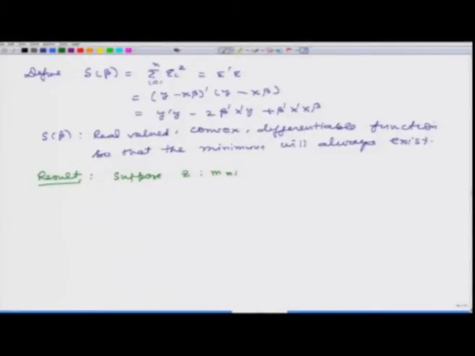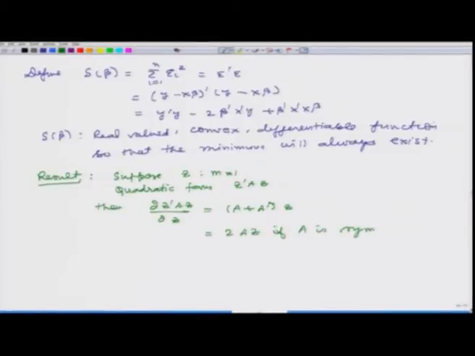Now, if I consider a quadratic form z transpose A z, right, then the partial derivative of z transpose A z with respect to z is A plus A transpose times z, and this becomes twice A z if A is symmetric.